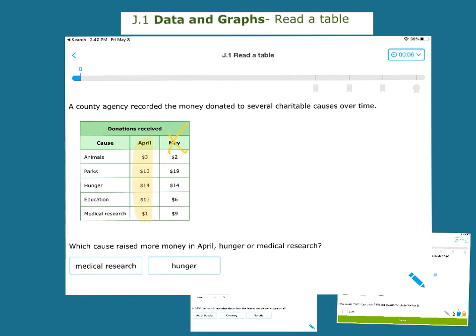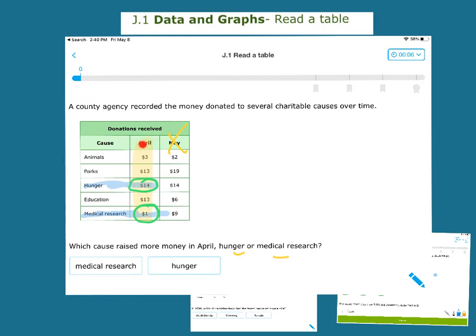So which cause raised more money, hunger or medical research? So now I'm going to look for hunger and medical research. I'm just going to highlight those two. Here's hunger and here's medical research. So now where these overlap are the two numbers that I'm most concerned about. I'm really only worried about this number and this number. So which raised more money in April?